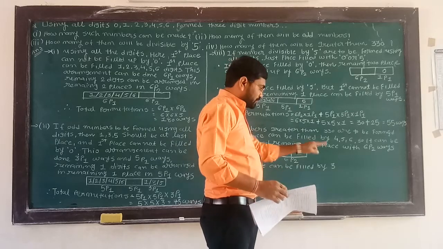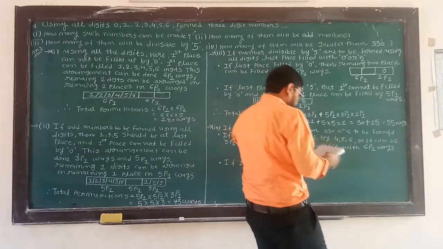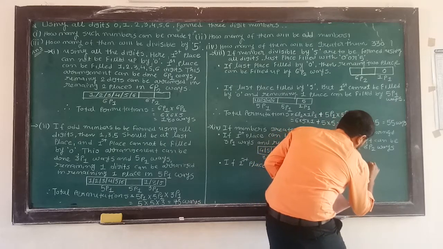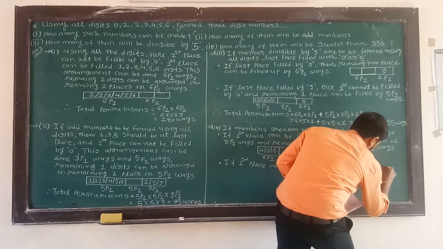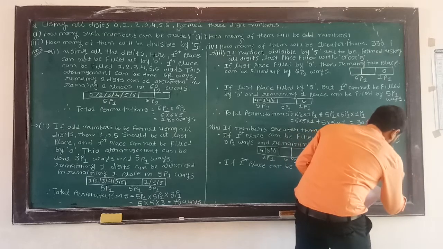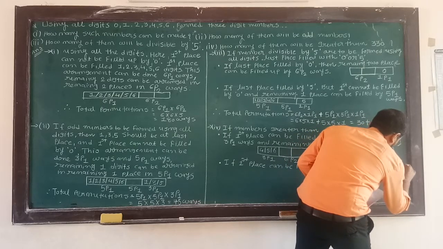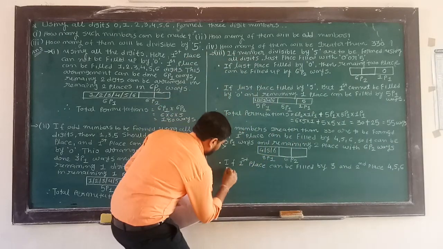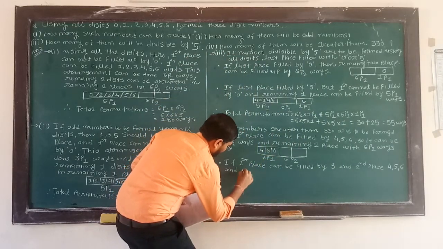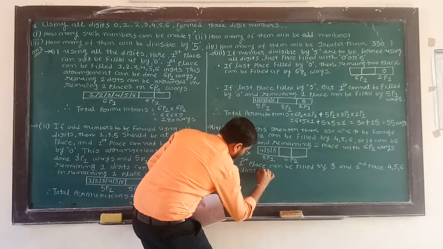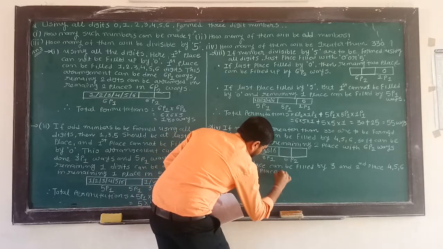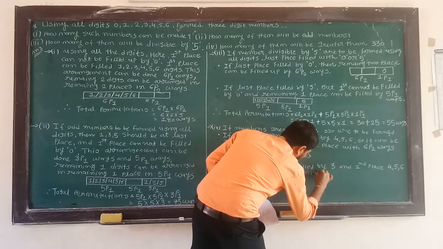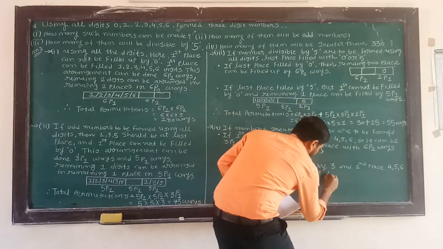In option number 2, the first class is 3, the second class is 4, 5 or 6, and the last class takes the remaining digits.